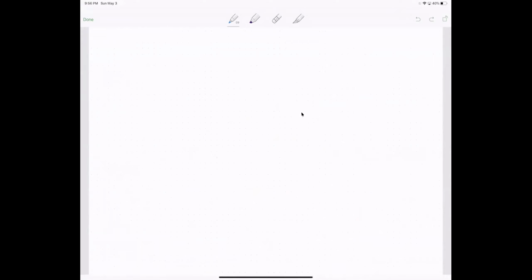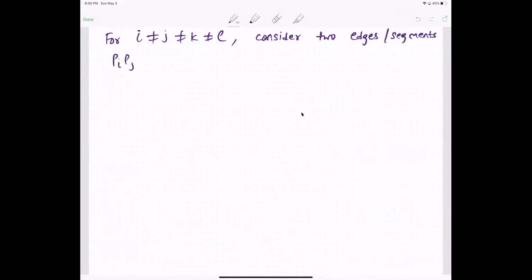For i not equal to j, not equal to k, not equal to l, just consider two edges or segments, whichever way you want to call them. Two segments PiPj and PkPl.